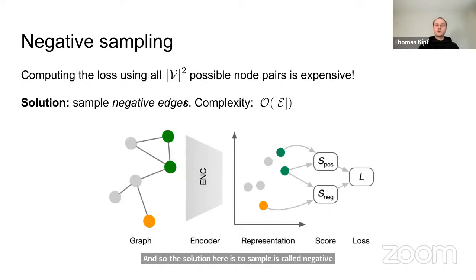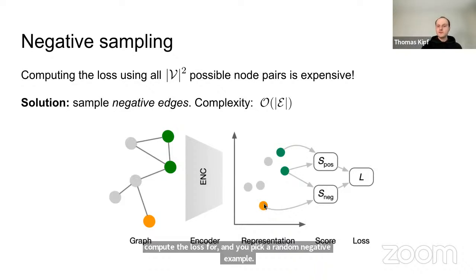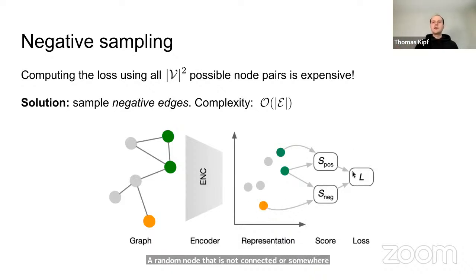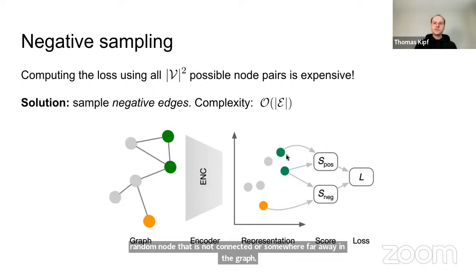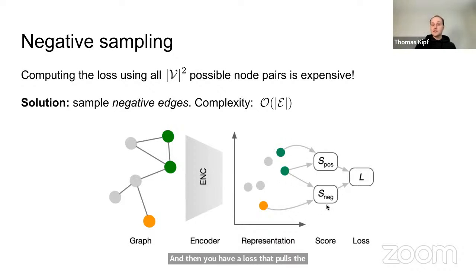edges. So instead of computing this loss for all elements of the adjacency matrix, you pick a pair that you want to compute the loss for, and you pick a random negative example, a random node that is not connected or somewhere far away in the graph. Then you have a loss that pulls the positive elements together and pushes a negative element far away. And this all of a sudden scales linearly in the number of edges.